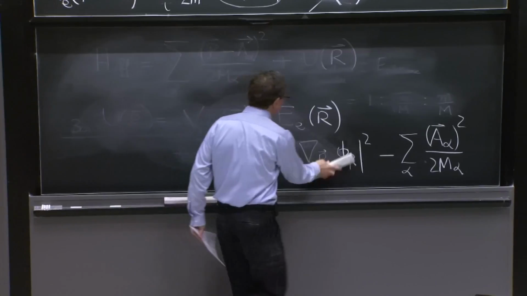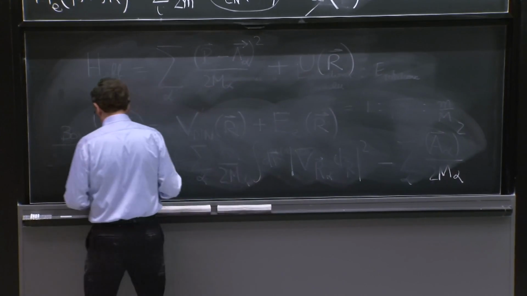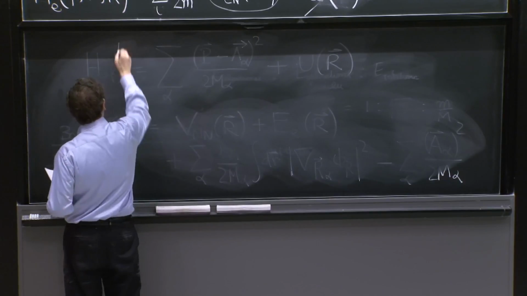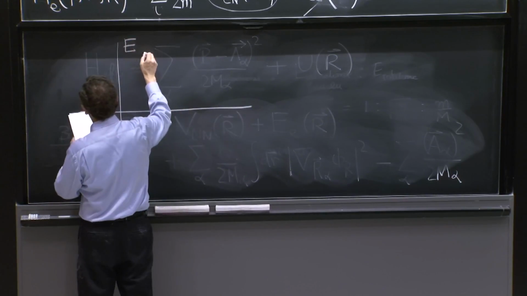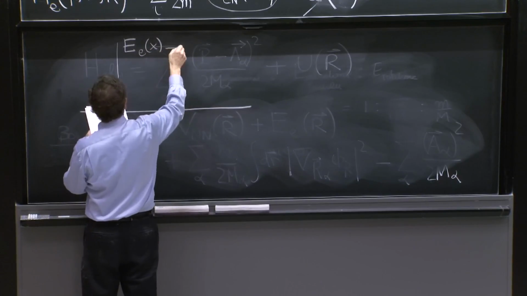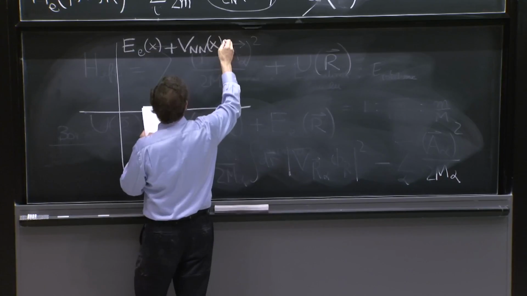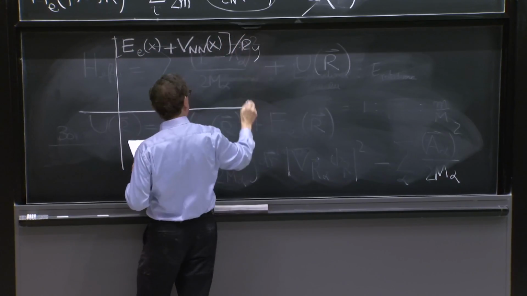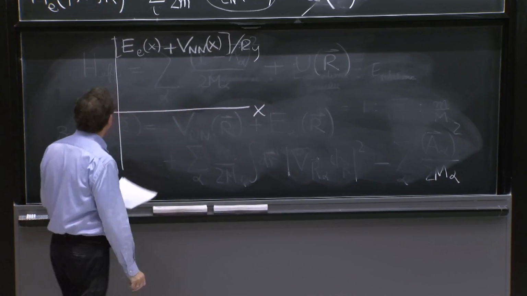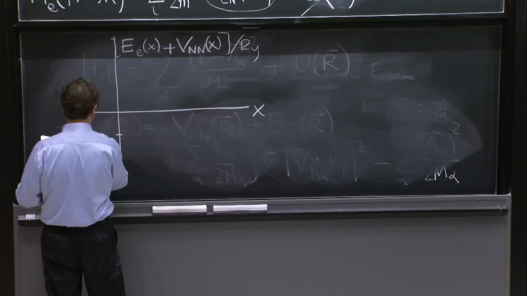And how does it look? Well, the sum of the two potentials, E of x plus VNN of x. Let's divide by Rydberg as a function of x. Here's minus 1.